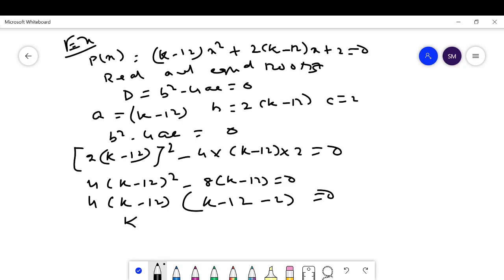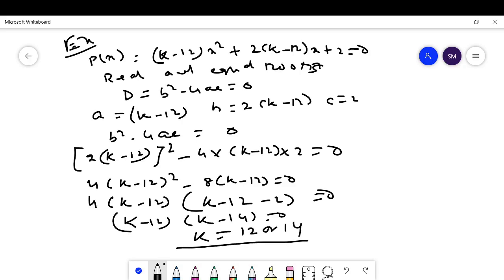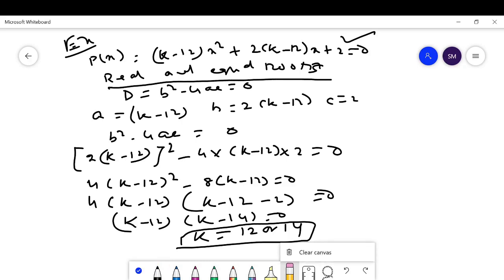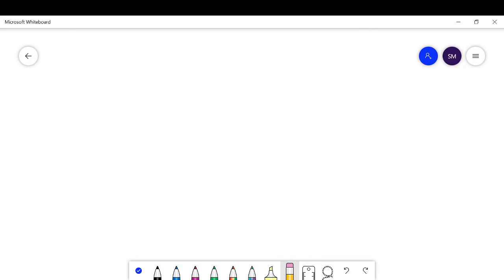This means (k minus 12) into (k minus 14) is equal to 0, which means k equal to either 12 or 14. For the value of k either 12 or 14, when we put this value of k here, we get real and equal roots from the quadratic equation.